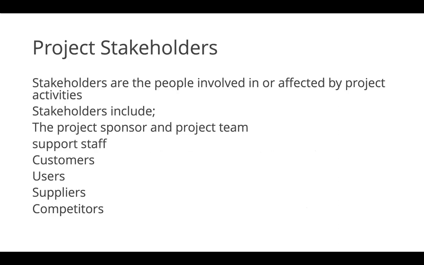Product or project stakeholders, we have already talked about them. These are people involved in or affected by project activities, like sponsors or product owners, the team, support staff, the customers.